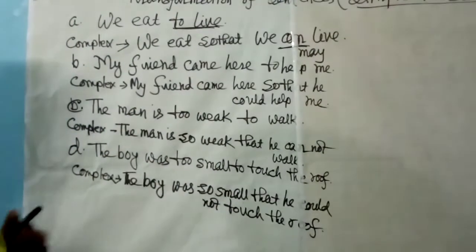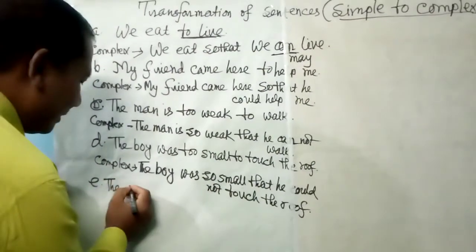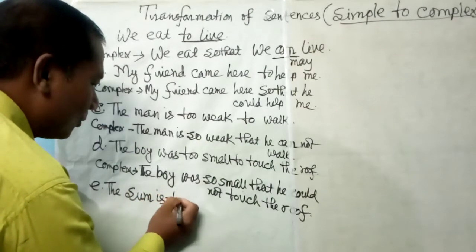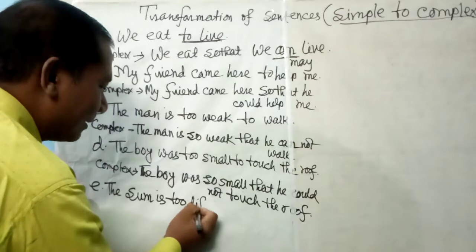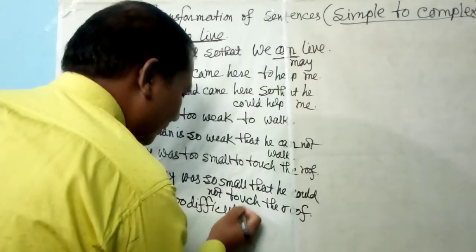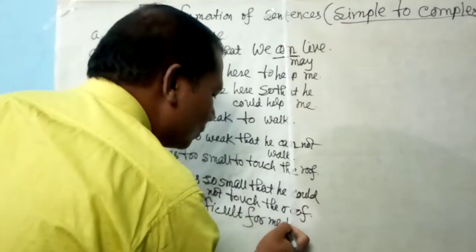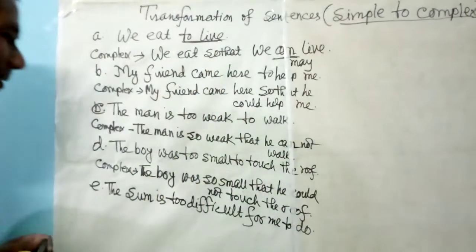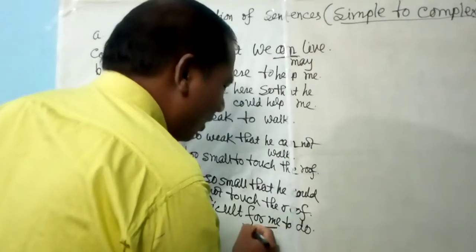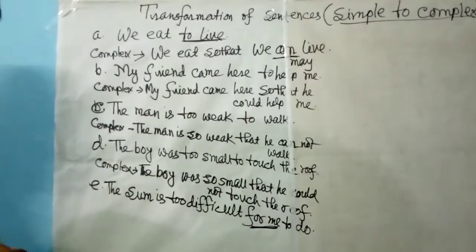See here, the sum is too difficult for me to do. Here you see, dear students, for and after for there is me, that means it is object.